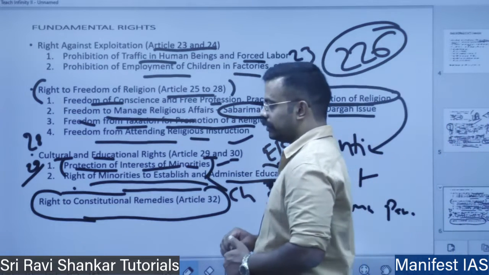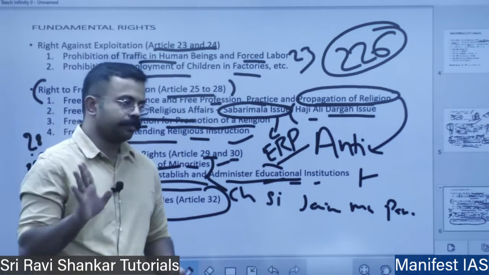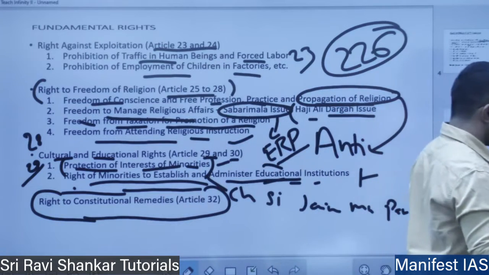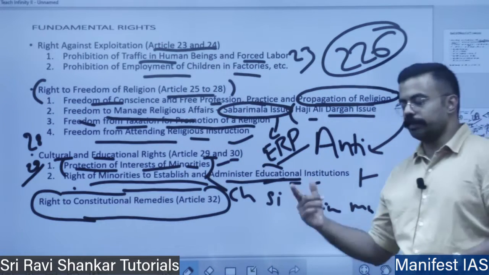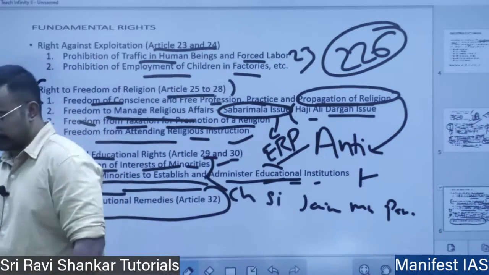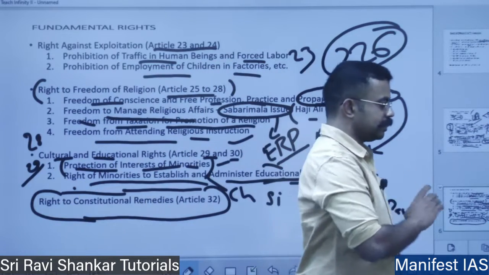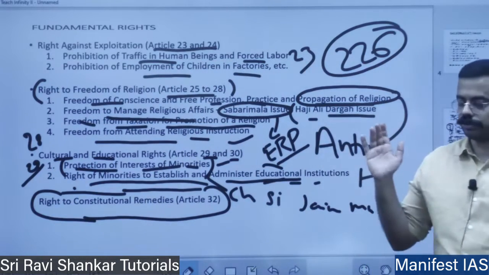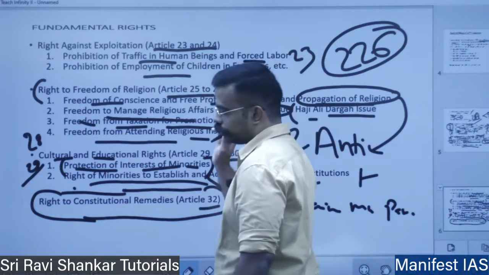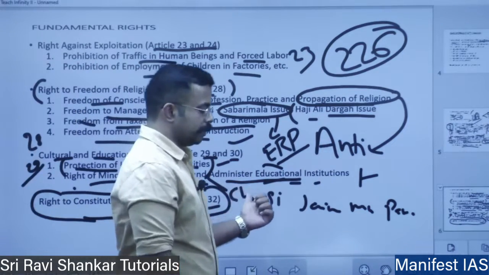If the state says no, you cannot talk, your freedom of speech and expression is prohibited, and then sends the police to curb your freedom of speech and expression, you can directly go to the Supreme Court and say, see, the state has done this to me, so ensure me justice. Under Article 32, we can directly go to the Supreme Court to enforce our fundamental rights.